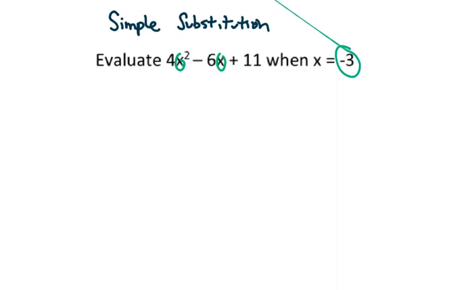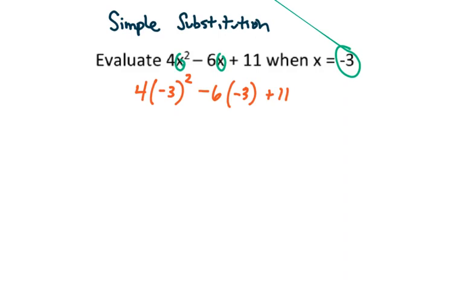So I've got 4 parentheses negative 3, close parentheses, squared. Then I've got minus 6. Instead of x, I'm going to put negative 3 again, plus 11. This is called substitution. It's different than the substitution that you learned with the graphs. We're going to get to that here in a little bit, not in this video. But it is substitution. So now we've got to do an order of operations problem.